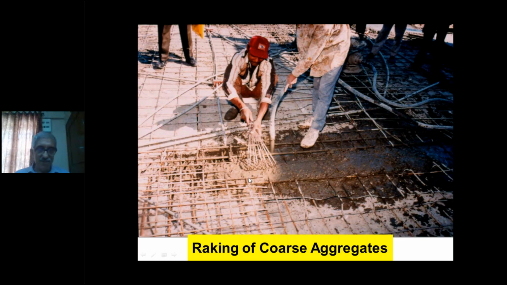So we have to have a rake-like thing. So you rake up the aggregates and then trowel the concrete on the surface. So raking of the coarse aggregate, bringing them again on the surface and then troweling is a better practice and avoids surface cracking on the top.